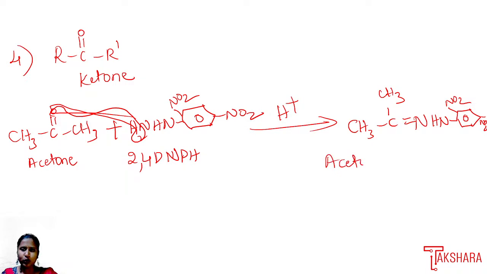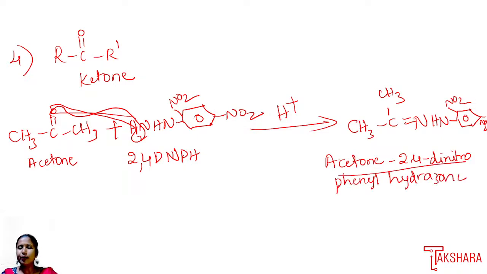The product name we can call as acetone 2,4 dinitrophenyl hydrazone. So from using 2,4-DNPH we can prepare the respective hydrazones as products.